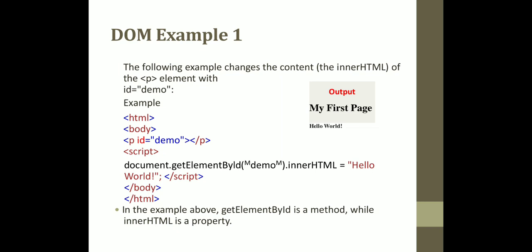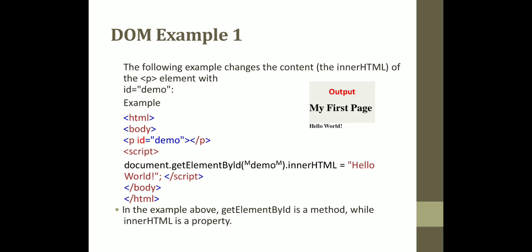This example changes the inner HTML of the P element. Here the id given is demo. So we can see we have started this script, and in the body part we have given a paragraph that is included with id demo.